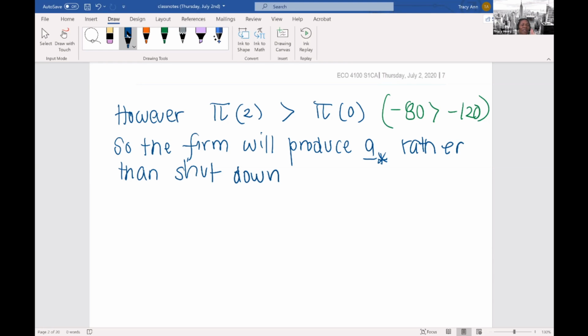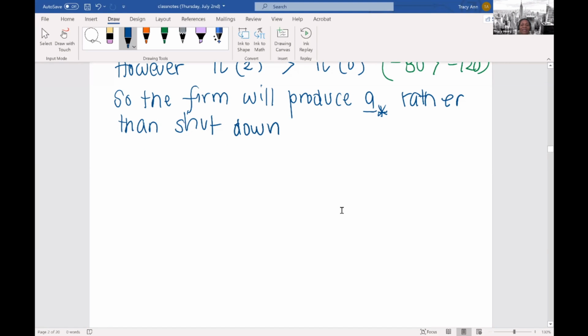So here's the second point that I want to say. Remember that we were talking about negative profit, and whether negative profit is a bad thing. What you want to realize in this situation is that even though the firm is getting this negative economic profit, at that point its accounting profit may be positive.